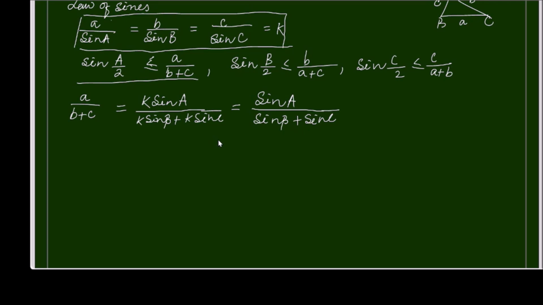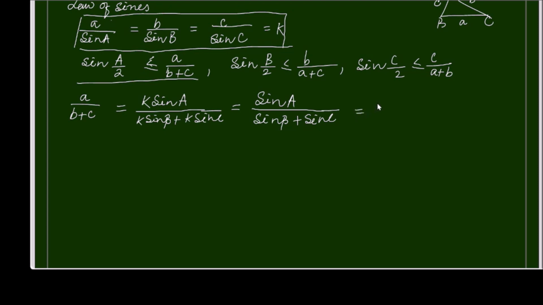So always focus on what I have to prove. I have to prove that this is greater than or equal to sine A by 2. So I have to convert this angle A into A by 2 form. So I'll apply the double angle formula.